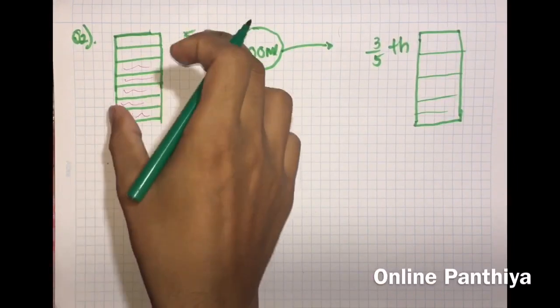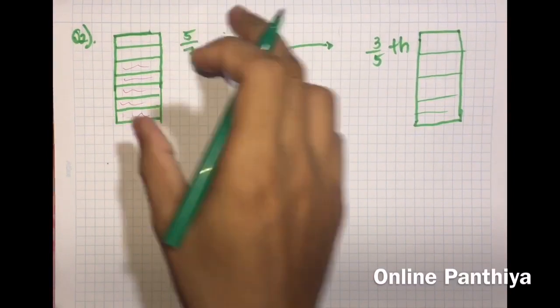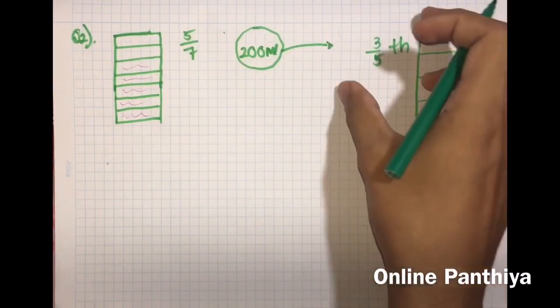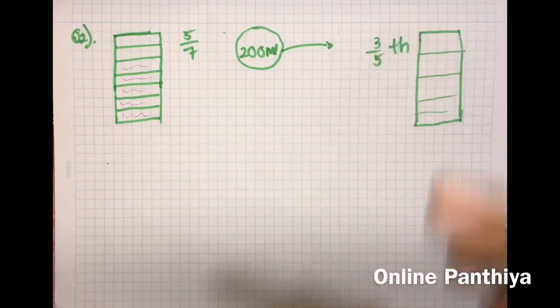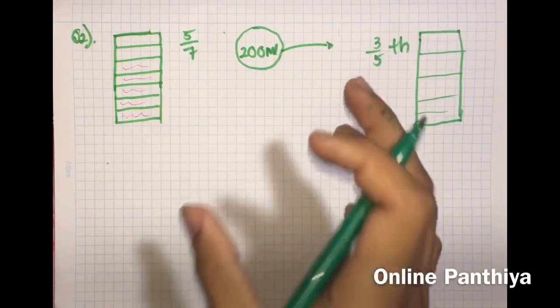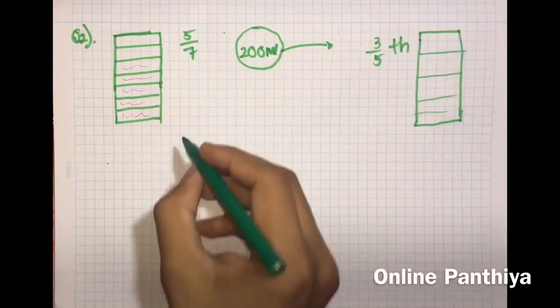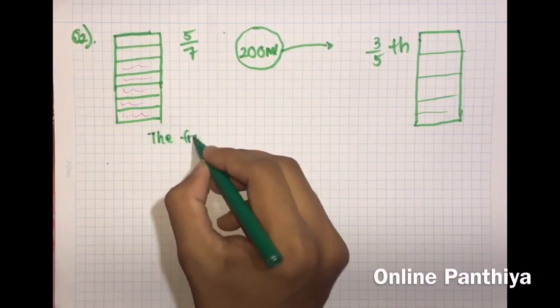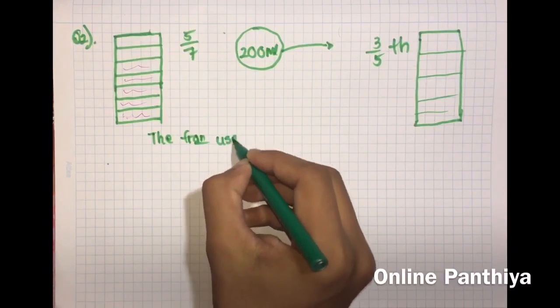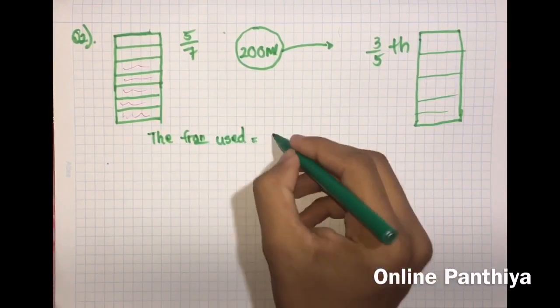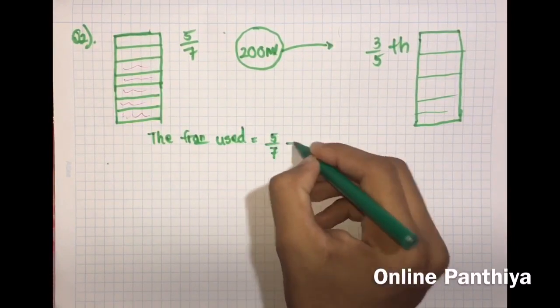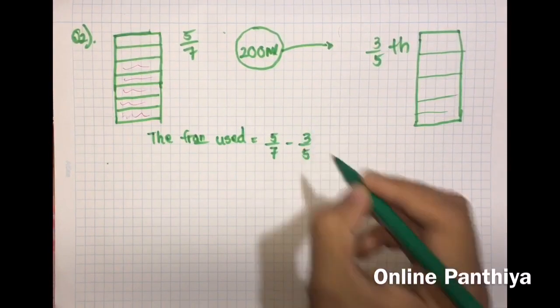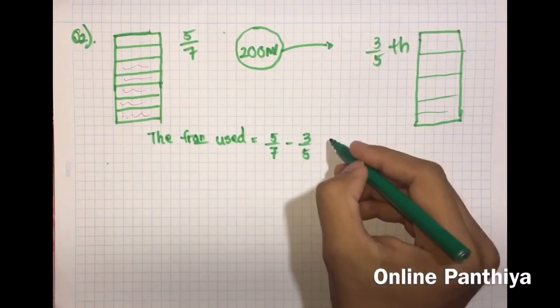Initially this was the fraction, and finally after using, this was the balance remaining fraction. So the difference will give you the fraction used. So you have to subtract 3/5 from 5/7.